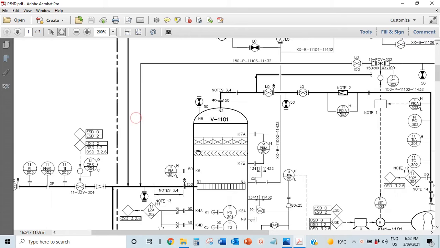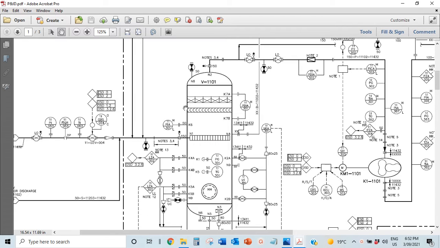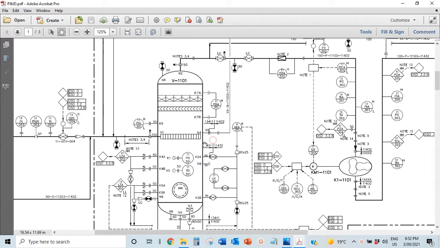So let's say this vessel is operating at about 0 point something bar, and gas comes in here. You want the gas at a higher pressure, maybe because you want to sell it or deliver it to a certain customer or to certain equipment that needs the gas at a certain temperature and pressure.